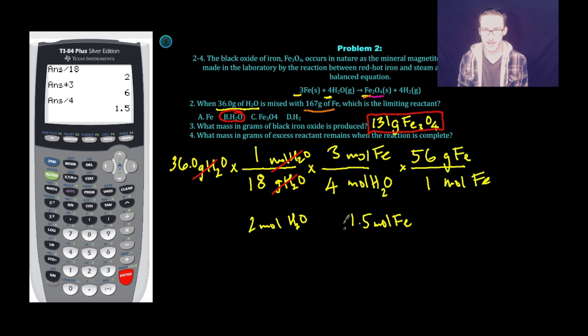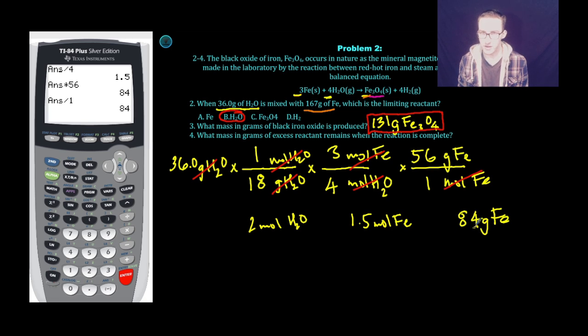Again, pause here and recognize that we have a 3 to 4 relationship in our balanced chemical equation. In other words, I will only need 3/4 the amount of iron as water to complete this reaction. So if I need to react 2 moles of water, I'll only need 1.5 moles of iron to completely react it all. Our final conversion here will get that amount to grams. I take that 1.5 moles and multiply it by 56, the molar mass of iron, to get 84 grams of iron that would be used.